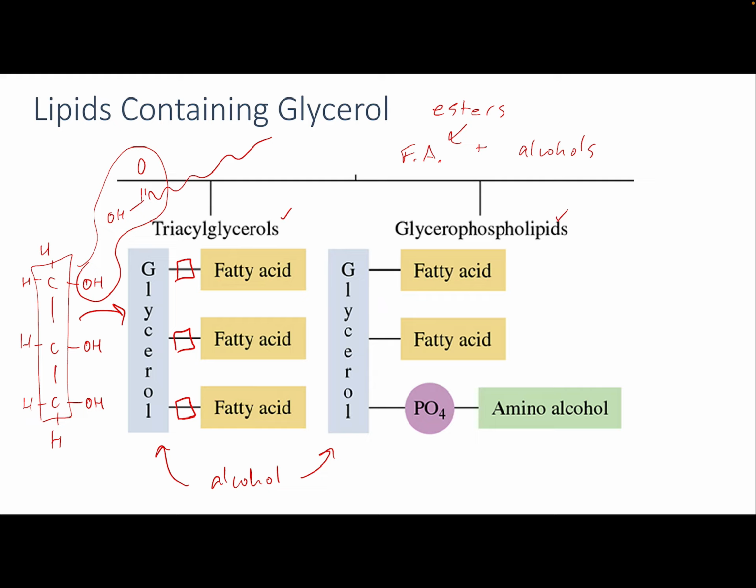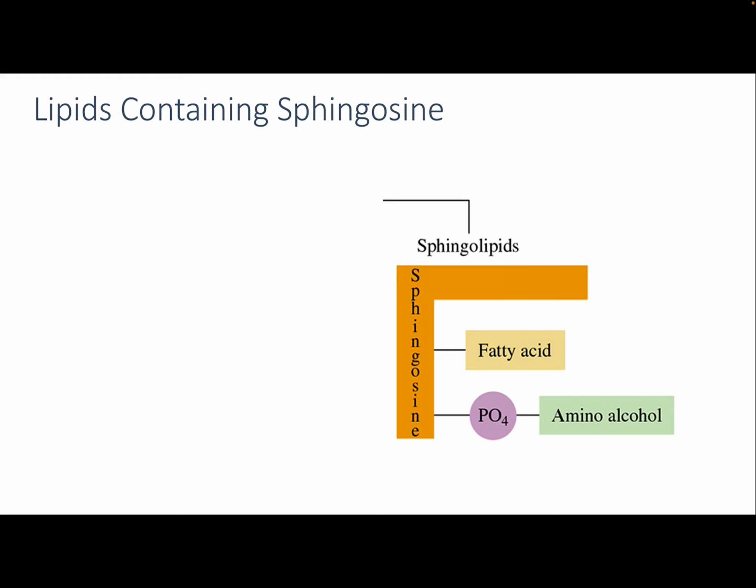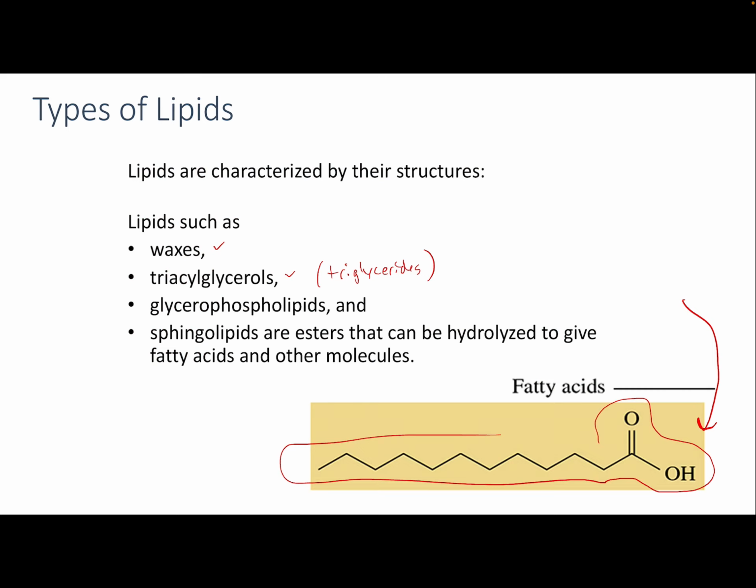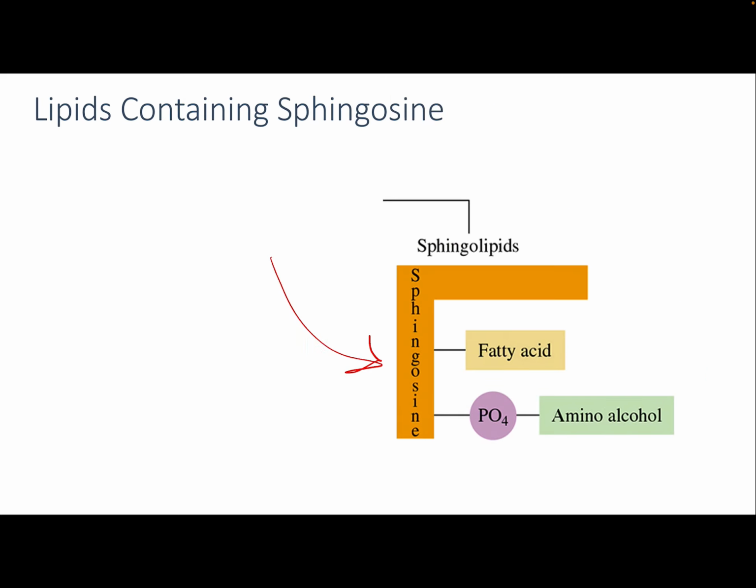So these are the glycerol-containing lipids, the triacylglycerols and the glycerophospholipids. We also have sphingosine-containing lipids, and we call those sphingolipids. And you can see what differentiates these. Now these of course aren't structures yet. We're just using boxes with names in them, right? We'll look at structures here in a second.